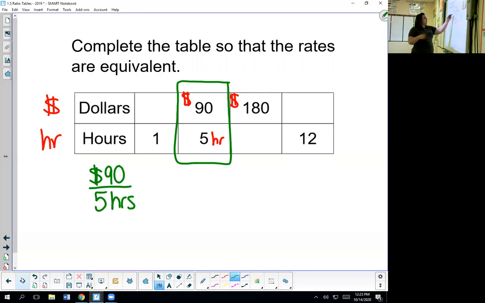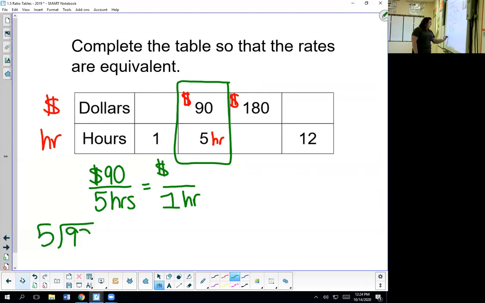So I've got to figure out what's the relationship between the two. Let's figure out how much money I'm making in an hour. So if I take 90 and cut it into 5 hours, well, we're in the $10 range. $18 an hour. That's fantastic.